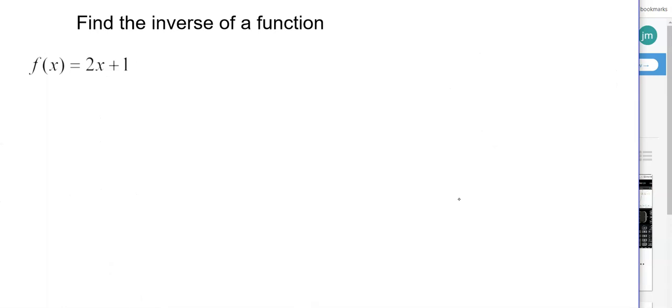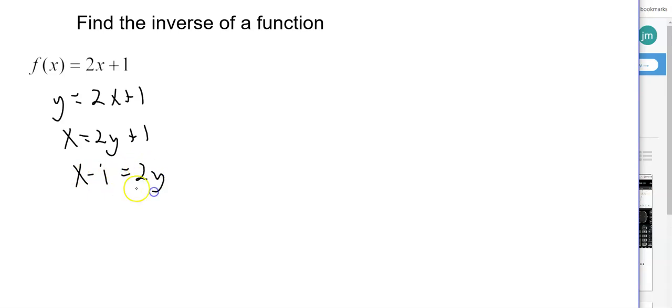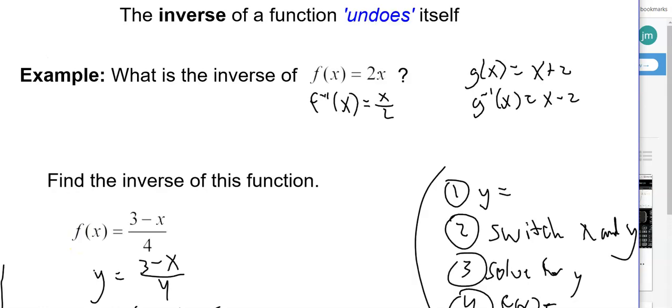Let's find the inverse of this one. So first step, y equals 2x plus 1. Switch the x and y. Subtract 1. Divide by 2. And you get y equals that. Here's your final step. I should have written it this way.